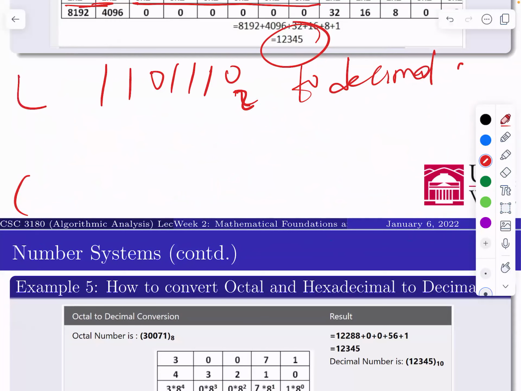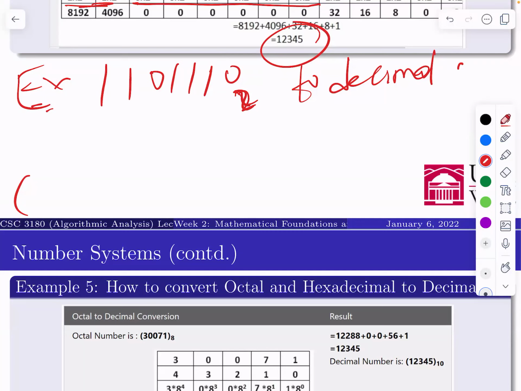That number could be a decimal number. It could mean 1 billion, 1,101,110. But if I put the base there, that is not a decimal anymore. But I want to convert this binary to decimal.